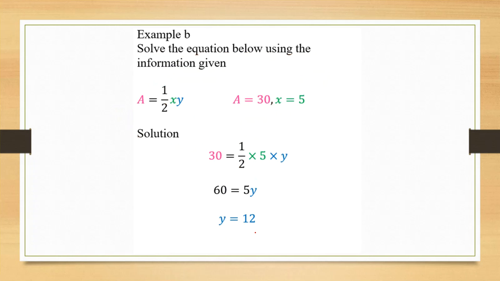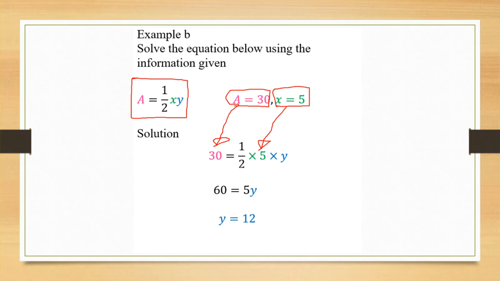So for example B, new formula, and we've got A equals 30. So A equals 30 goes here. X equals 5 goes here. And then from there, we solve the equation. So 30 equals a half times 5 times y.